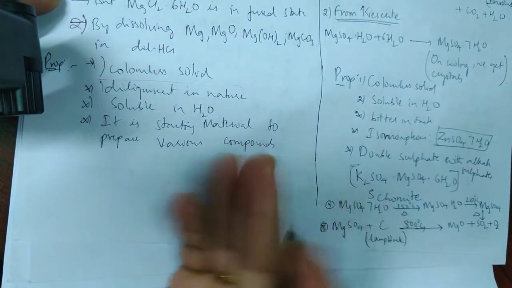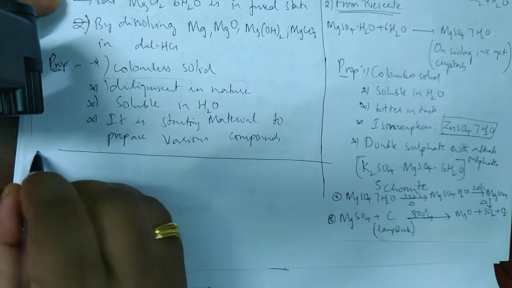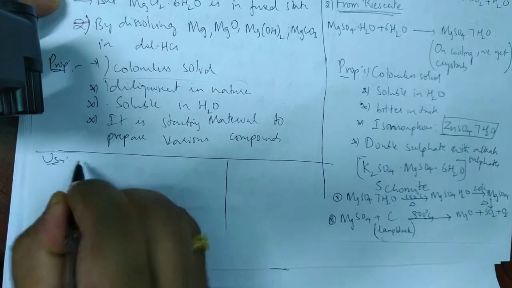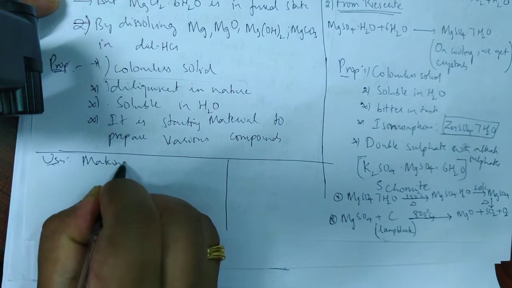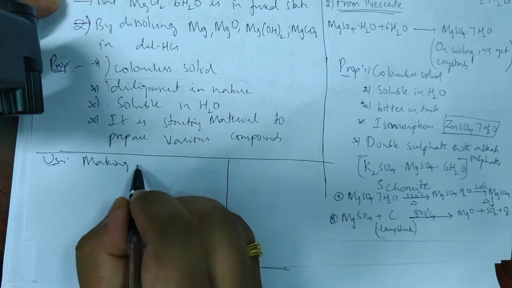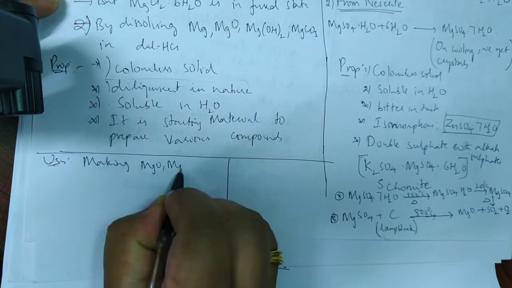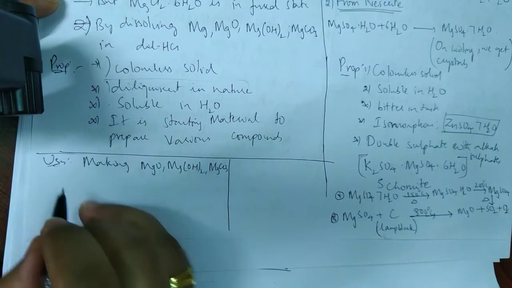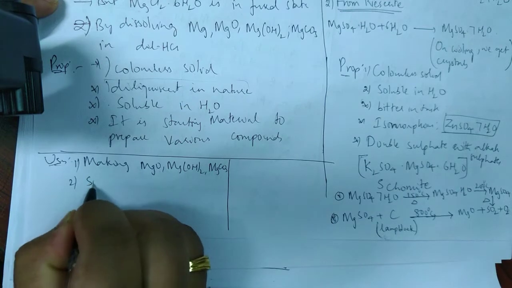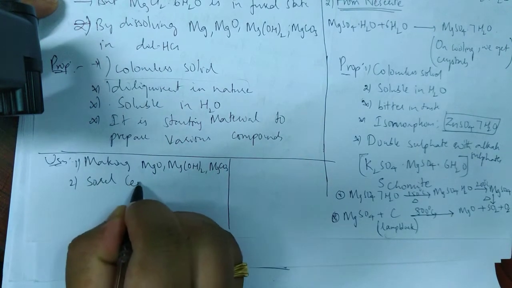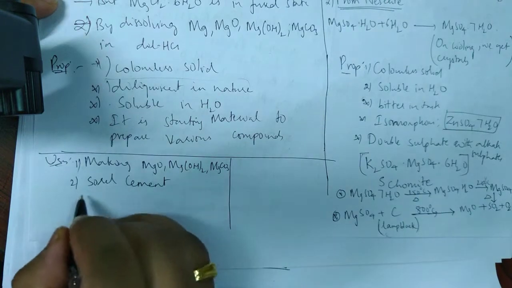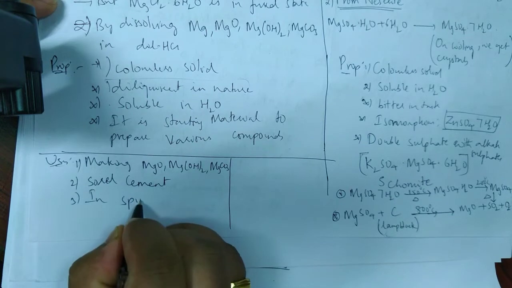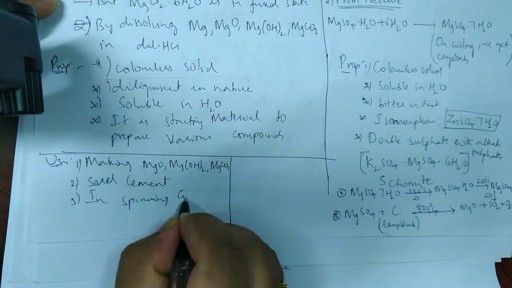Uses, let me write the uses for this one and for this one. As I said already, it is a starting material for various compounds, so making magnesium oxide, magnesium hydroxide, magnesium carbonate, etc. It is also used in making Sorel cement, as we said in the last class, where we use MgCl2. And it is also used in spinning cotton threads in mills.